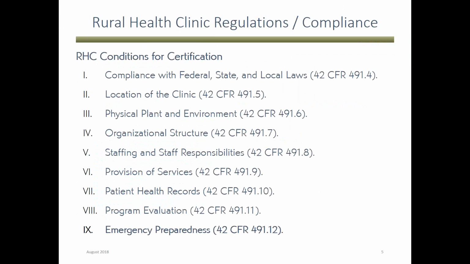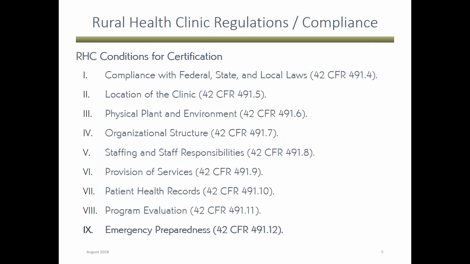We have staffing and staff responsibilities, provision of services, patient health records, a program evaluation, which is the system by which you evaluate the effectiveness of your program. And the last one, which is the newest, is emergency preparedness. And this is a fairly significant issue that has only recently come out.